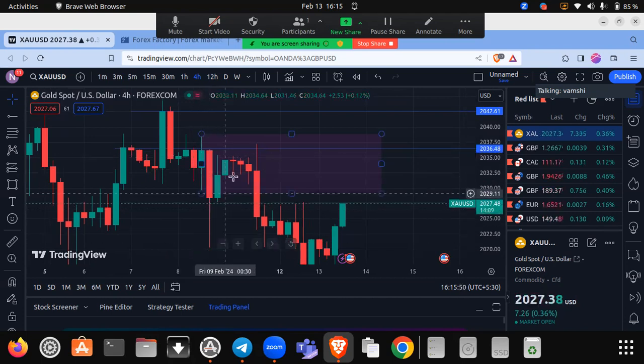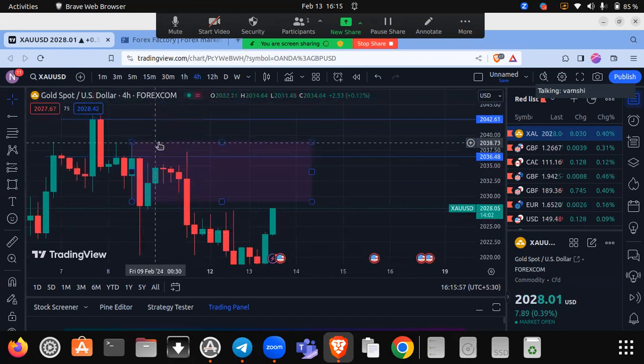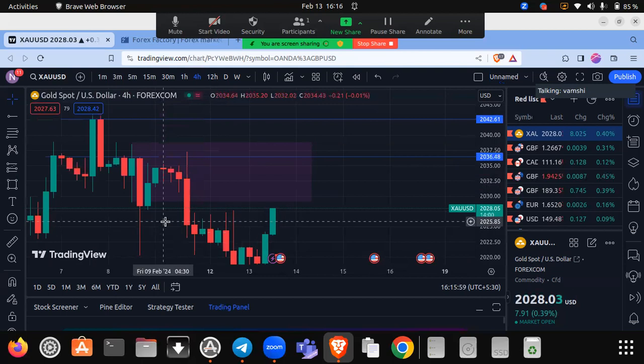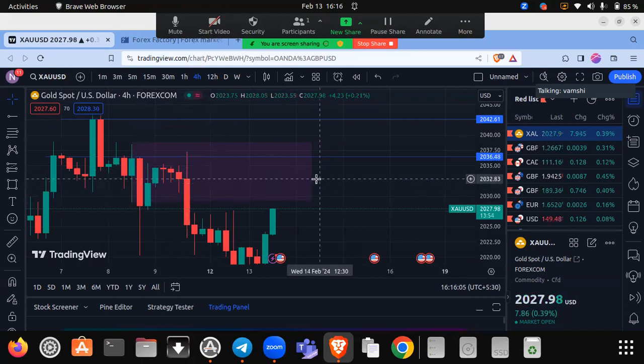So you can take a trade directly on it. You can either put limits here and your SL will be about 10 pips, or you can also go for M15 and M5 entries inside the H4 and take a trade based on it.